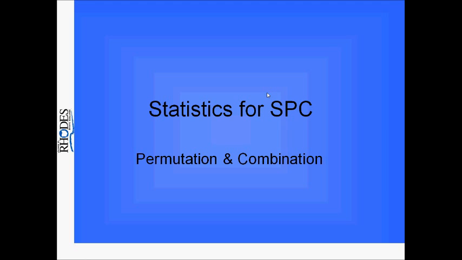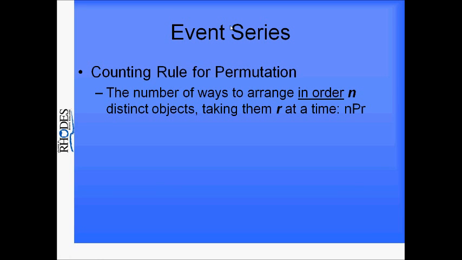Today we're going to talk about permutation and combination. First of all, when I say permutation and combination, what I'm talking about are event series, and they're basically counting rules. The first is permutation, so I'm looking at the number of ways to arrange something in order with n distinct objects, taking them r at a time.